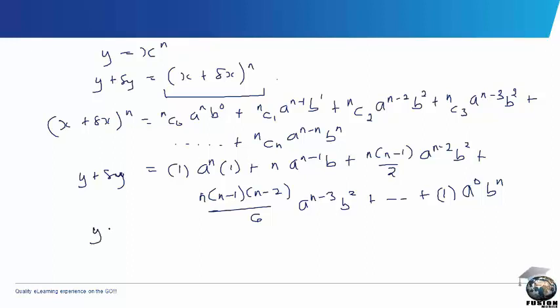So therefore we can say that y plus dy is equal to a raised to power n, because that is the only thing that will come out here.